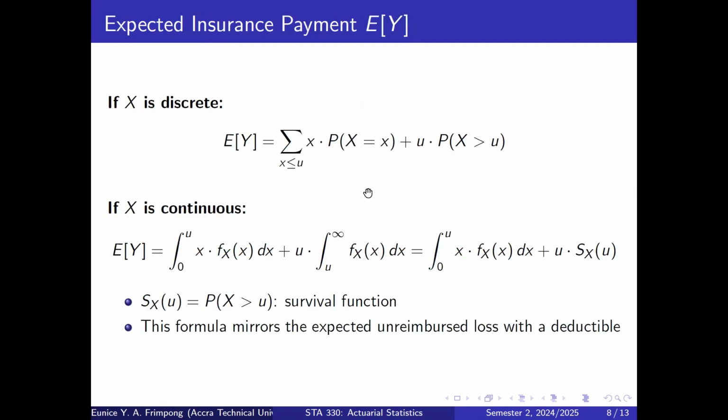How do we compute the expected payment for the insurer under a policy limit? Now, if X is discrete, then the expected value of Y equals the sum of x times the PMF of x, where x runs over losses less than or equal to the policy limit, plus U times the probability that X is more than U. So this expected value indicates that in the case where the loss is less than or equal to the policy limit, the insurer pays x times the probability that the loss is equal to x, plus, in probability, or stands for addition.